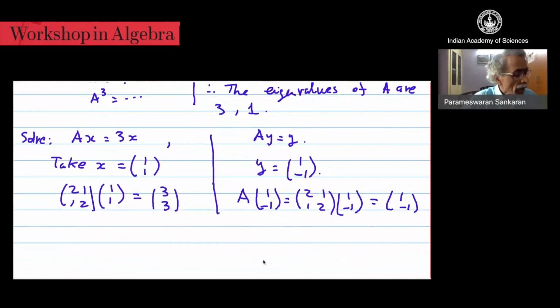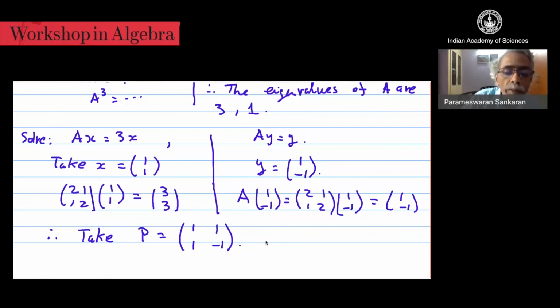Now take your matrix P to be the one formed by the eigenvectors of A, which is (1, 1; 1, -1).